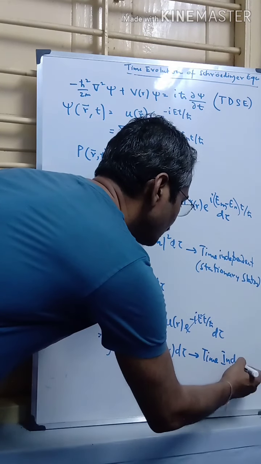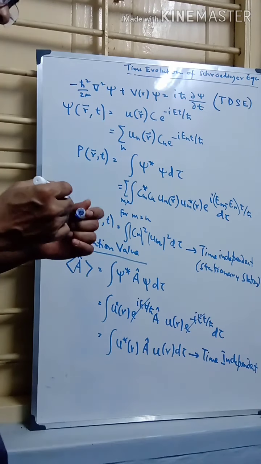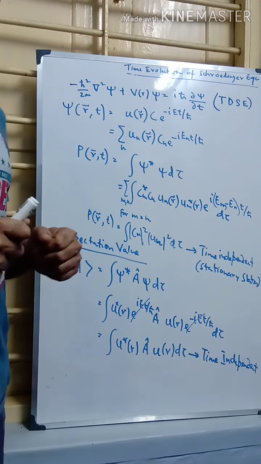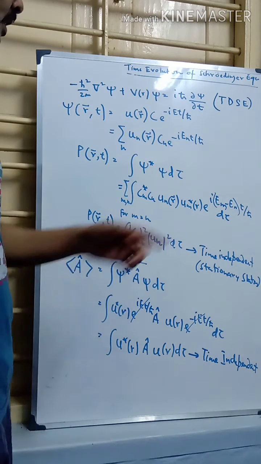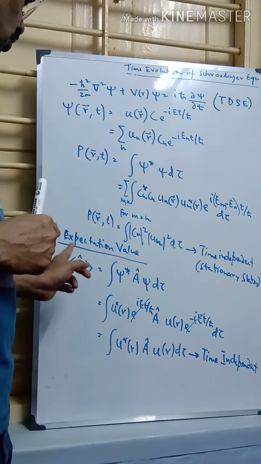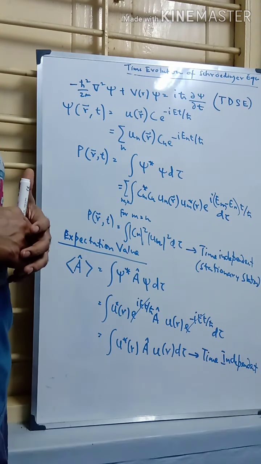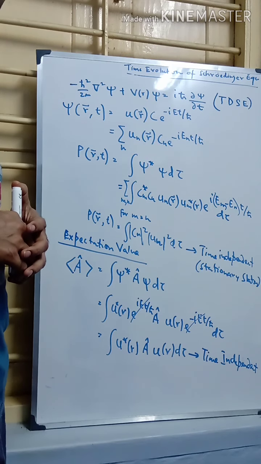The expectation value can be seen to be again time independent. So for stationary states, since the probability density itself is a time independent quantity, so is the expectation value.